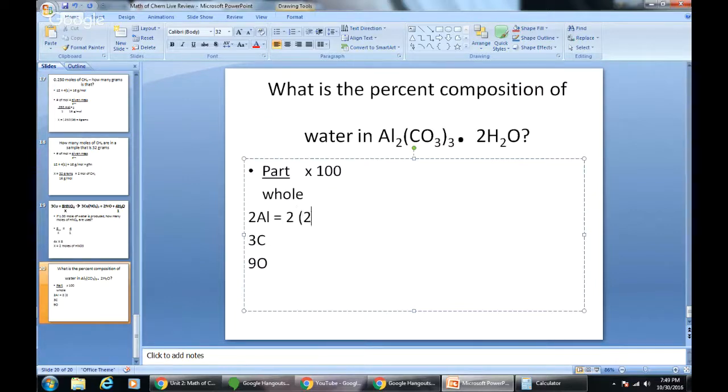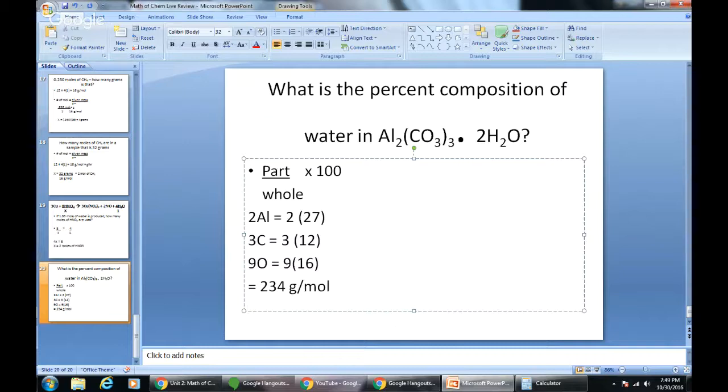Aluminum weighs 27, carbon weighs 12, and oxygen weighs 16, and you have 9 of them. Total is 234 grams per mole. And that's just the salt, that is just aluminum carbonate. But we need to add the water too.